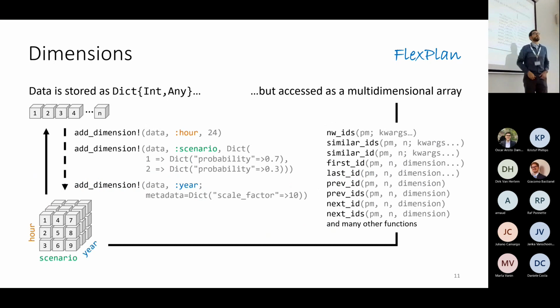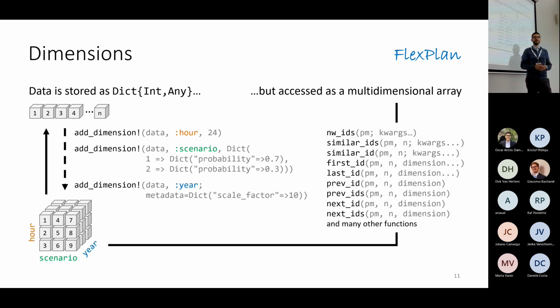We identified a big gap in the implementation because PowerModels and PowerModelsACDC are capable of dealing with static optimization or multiple time step optimization. But when we move to a stochastic approach, we have multiple dimensions.